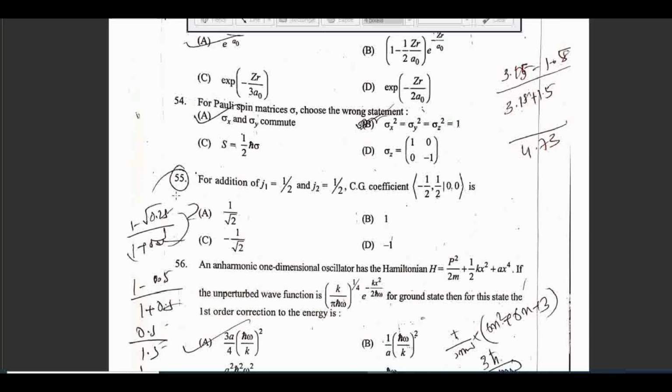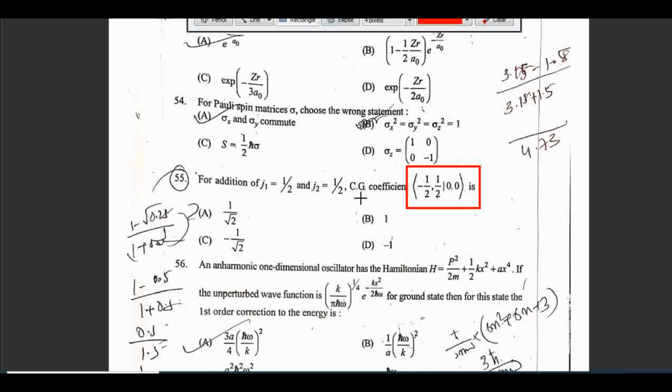Now coming to the 55th question, it is asked to find the Clebsch-Gordan coefficient for this term, where two bases are multiplied. That is, we have to find the inner product or scalar product of these two bases. What is this Clebsch-Gordan coefficient?